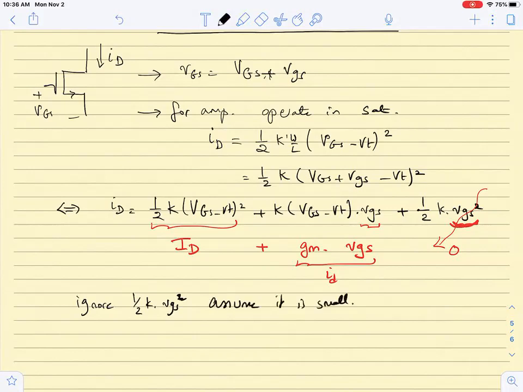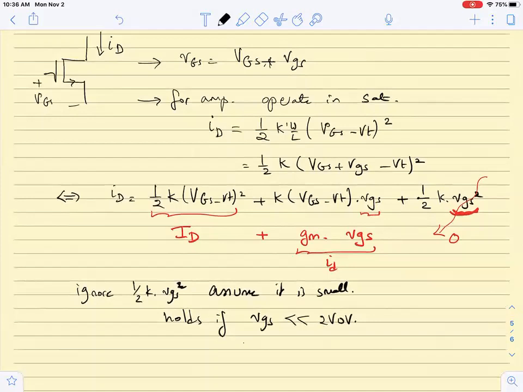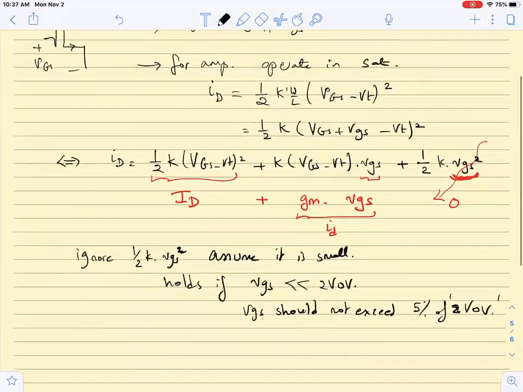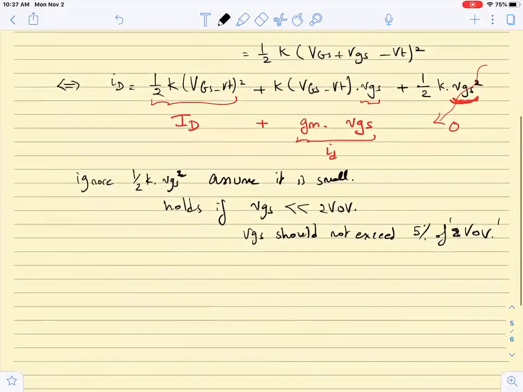This really holds if vgs is much smaller than 2 VOV. That is, vgs should not exceed 5% of 2 VOV. So as long as my small signal compared to VOV is very small, I can ignore this term. Great. Let us assume that this is correct.